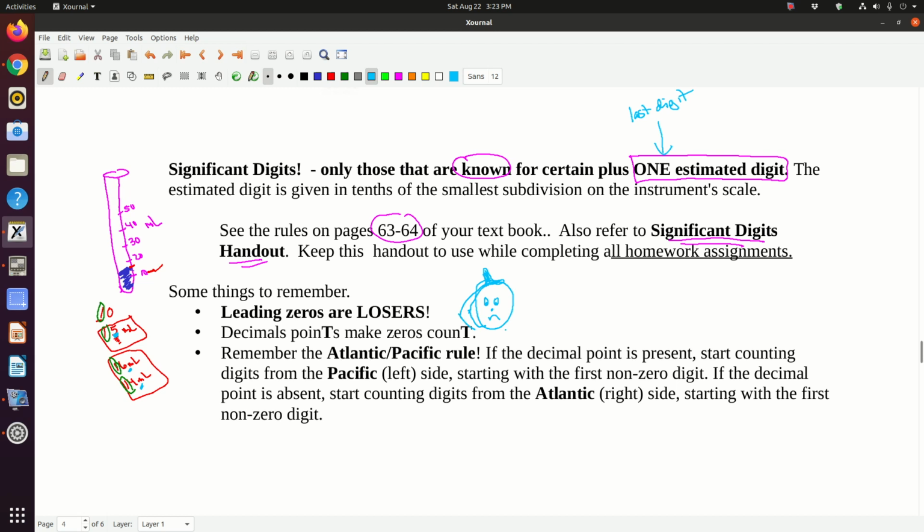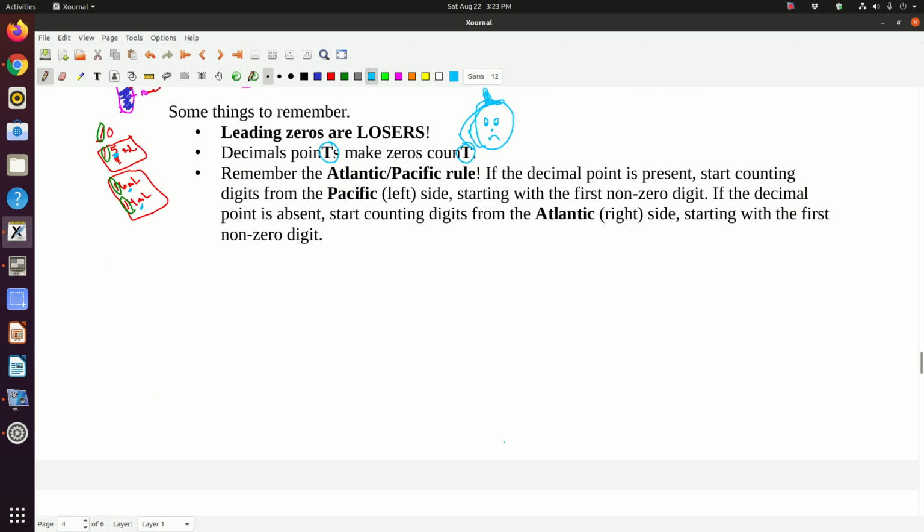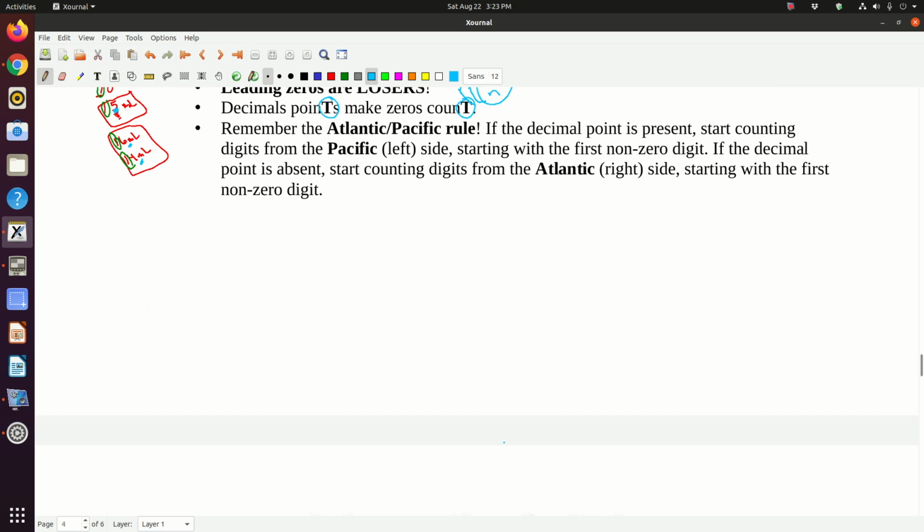I am not an artist, but leading zeros are losers. Decimal points make zeros count, and I highlighted and bold-faced the T's to help you to think about that. And then we're going to do the Atlantic Pacific rule. Okay, let's draw the Atlantic Pacific rule. And then we're going to watch a video about it. So here we go. You need to draw this in your notes.